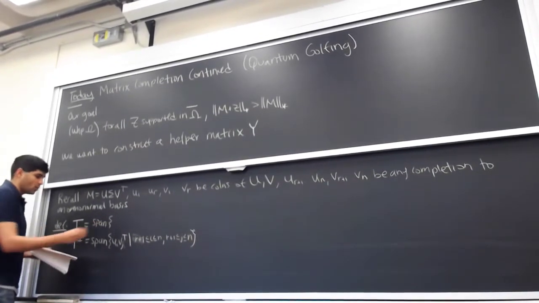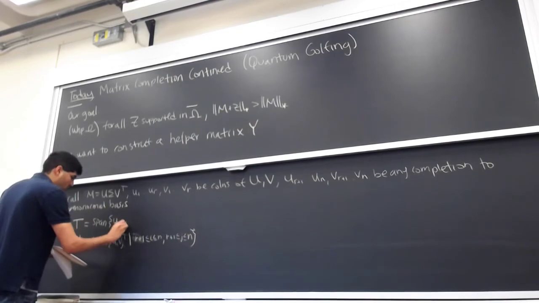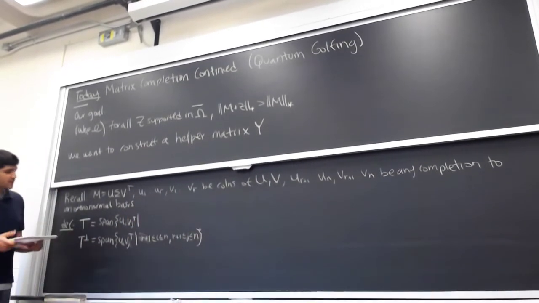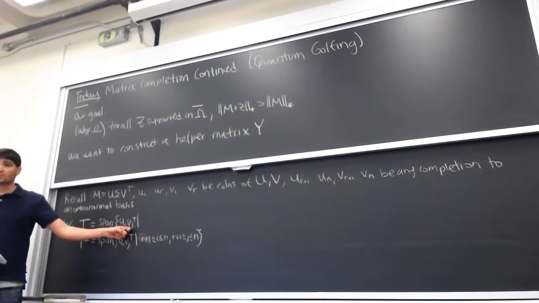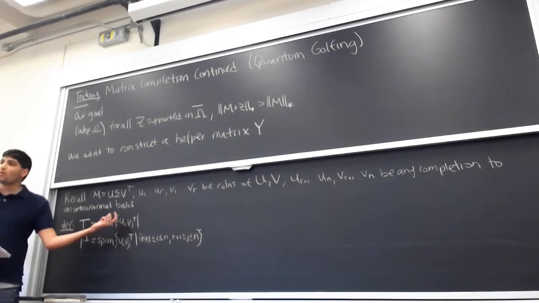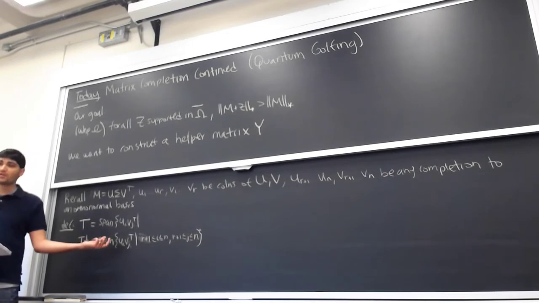So T now, you can define it. How could we define it? We're also going to get that it's the span of these UI Vj transposes. What allowable values for I and j should I allow here to make it perpendicular to T perp?